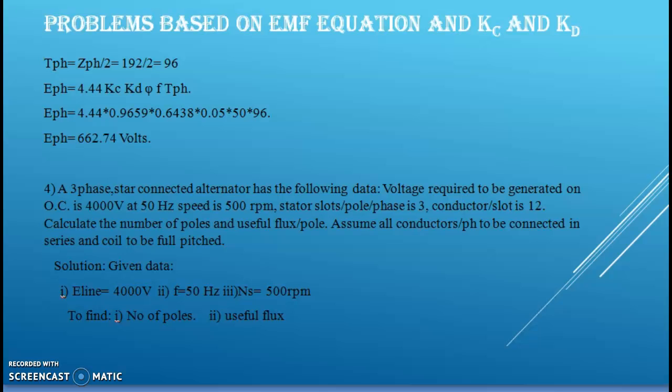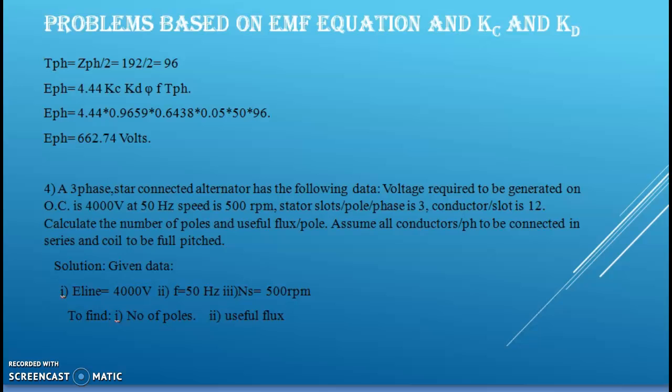We know that EL is equal to √3 EPH, so we have to apply that formula. The voltage required on open circuit is 4000 volts at 50 hertz with a speed of 500 RPM.